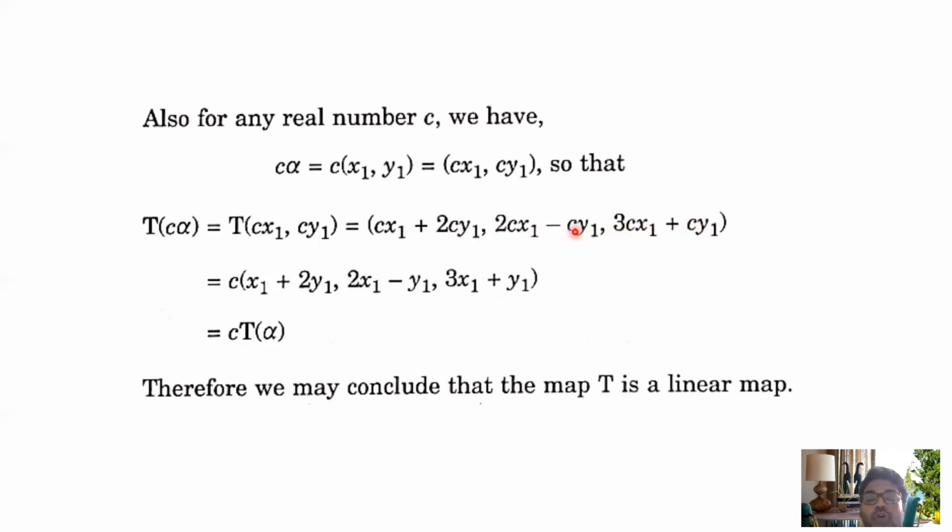If I take C common, what is left? That is C times (x1 plus 2y1, 2x1 minus y1, 3x1 plus y1). So this is nothing but T alpha, so that is C T alpha.